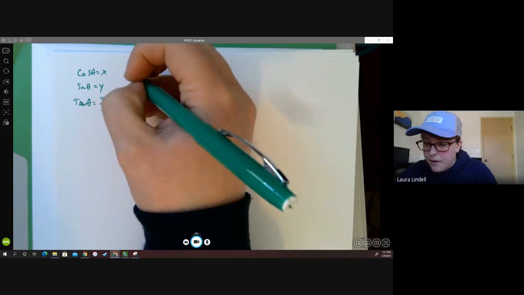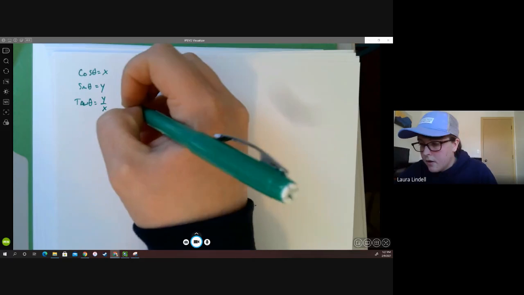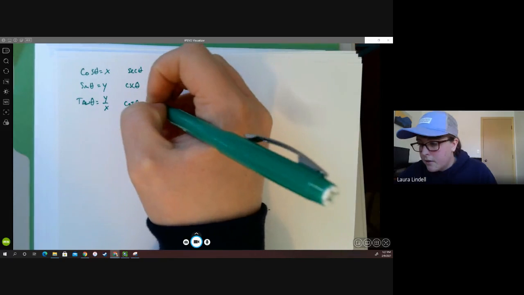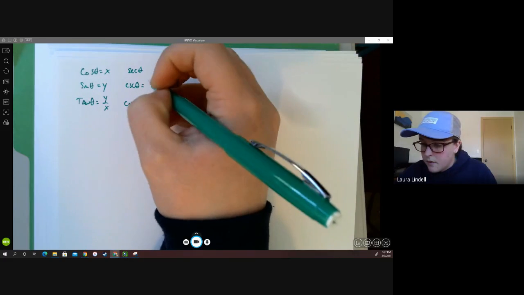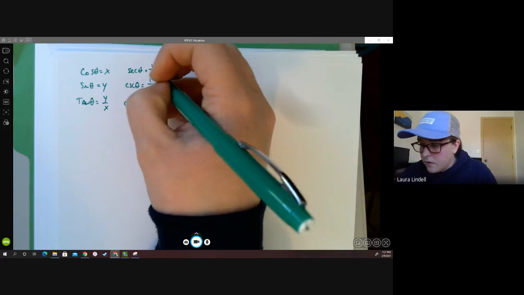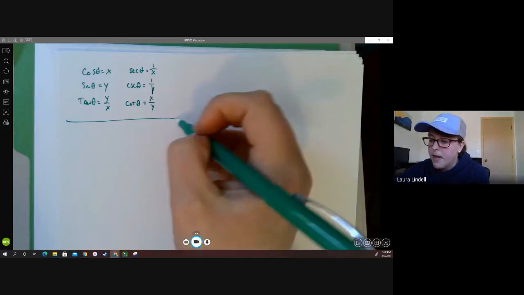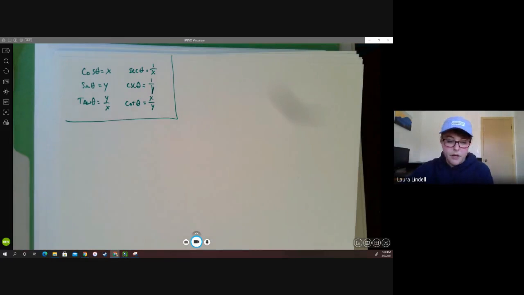And then we have secant, cosecant, cotangent.